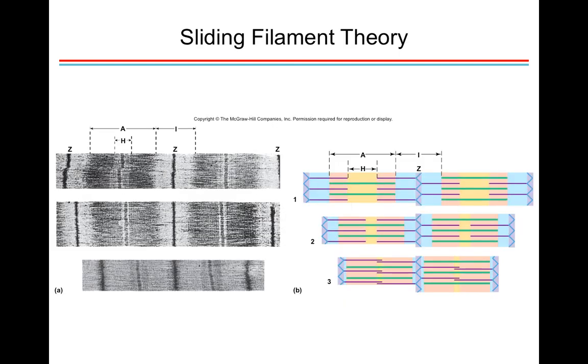So muscle contraction is facilitated by sliding filaments. Previously I showed you that we have the A zone where the actin and myosin overlap, the H zone where we have myosin only, and the I zone where we have actin only. So during contraction, the myosin is going to grab onto the actin and then move it. So this whole sarcomere is going to shrink. Okay, so here's the extended sarcomere.